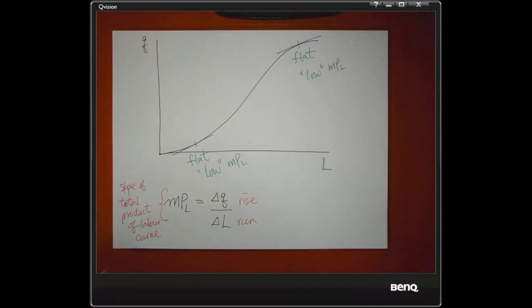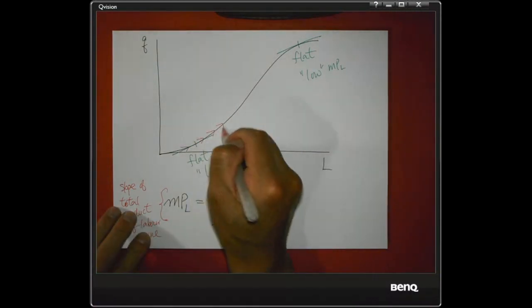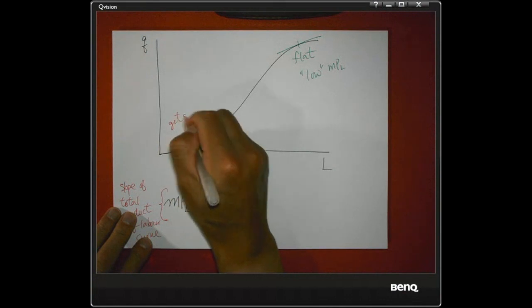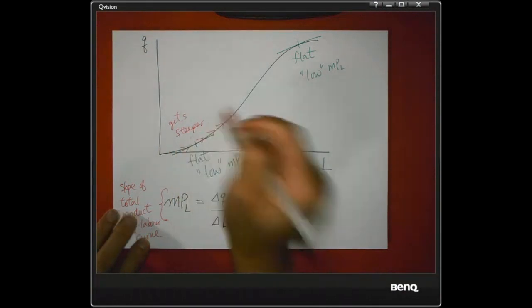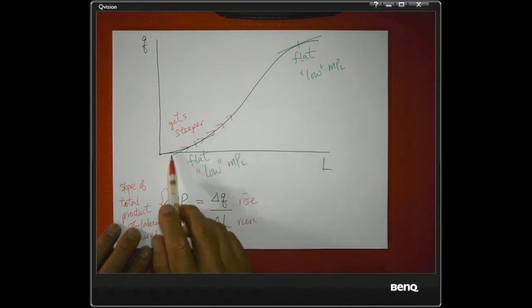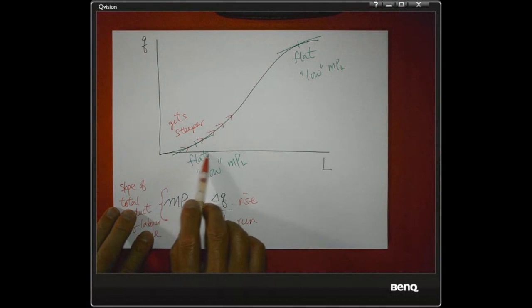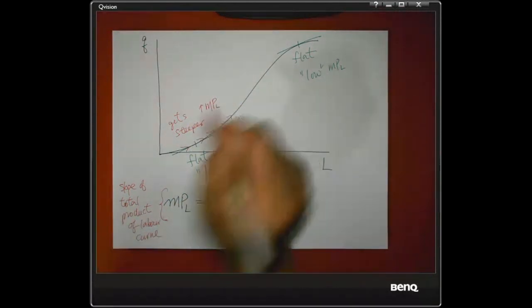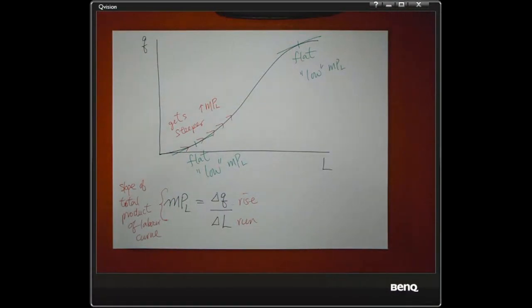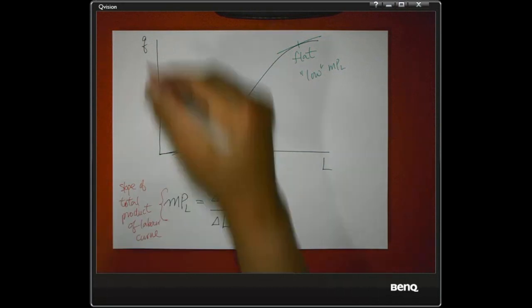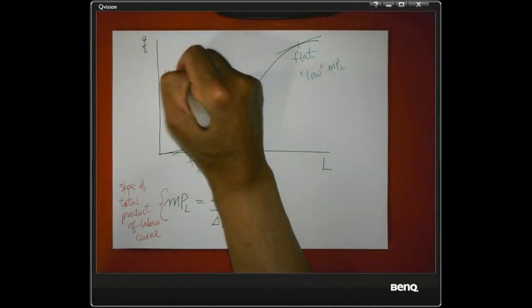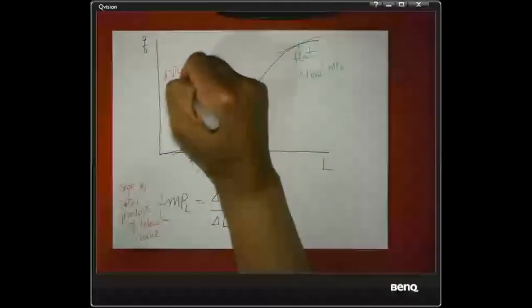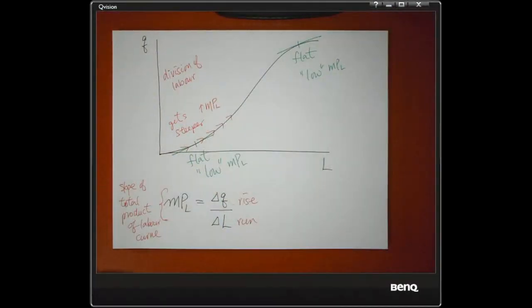And then, as we move up, it gets steeper. That means for this given factory size, as we hire more labor, the marginal product of labor is actually increasing. Why would that happen? Well, because of the division of labor.